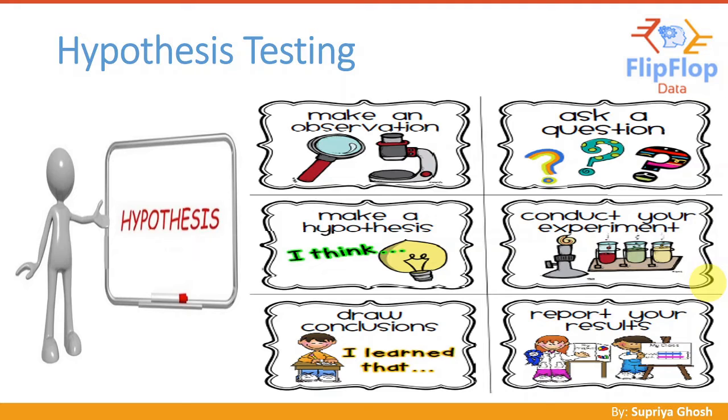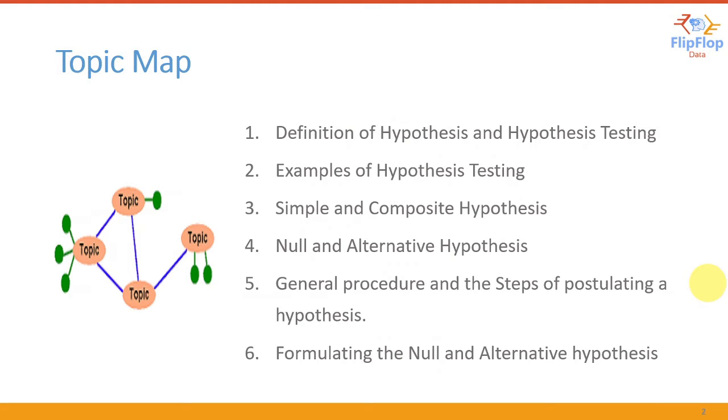So let's get started. This is our topic map. Out of those 10 subtopics, I have covered 4 of them in this video and the rest will be covered in other subsequent videos of the playlist. First, I will cover the definition of hypothesis and hypothesis testing and give you examples of hypothesis testing.